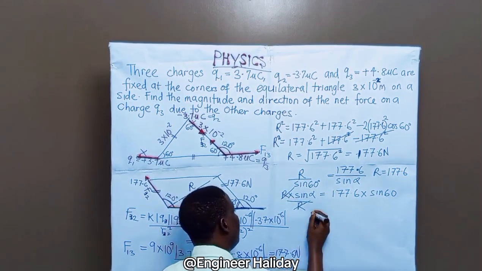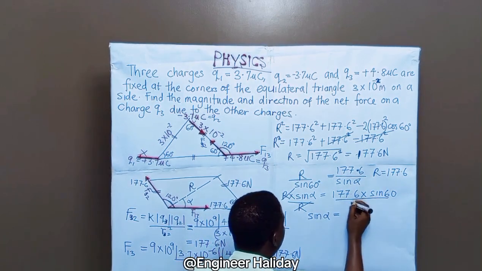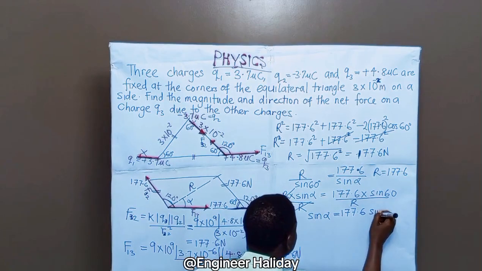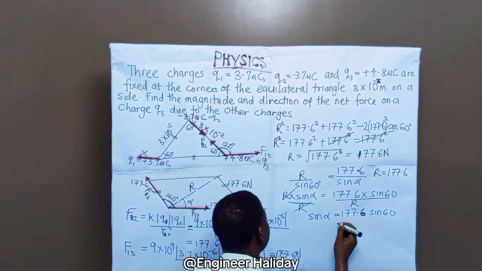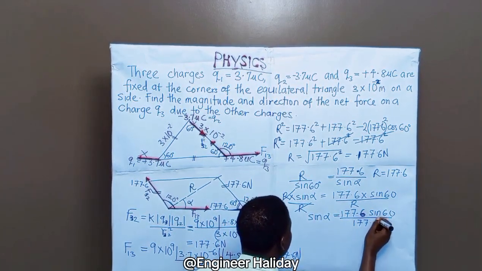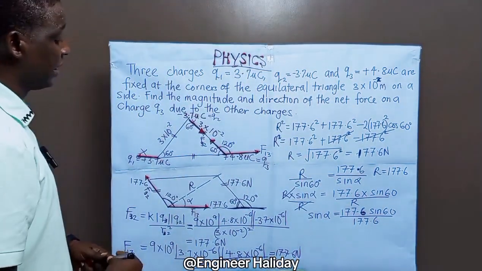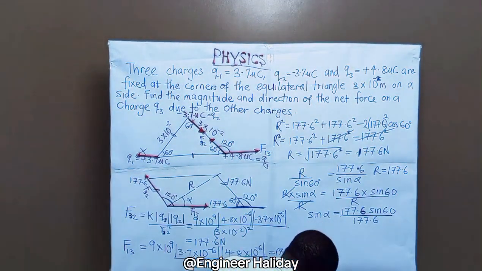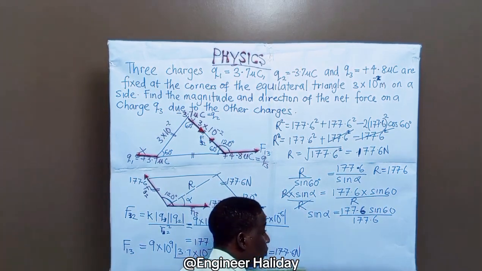So divide both sides by r. This one will cancel this one. What we have is sine alpha equals 177.6 times sine 60 divided by 177.6. If you do that correctly, you cancel out.